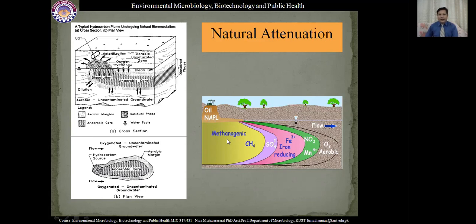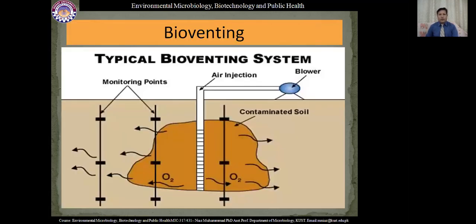First of all, methanogenic bacteria will react, then sulfates will react, iron will react with it, nitrate and manganese will react, and oxygen and the aerobic environment will react. So gradually the pollutant concentration will be minimized and minimized.